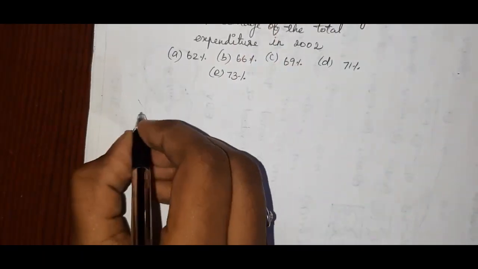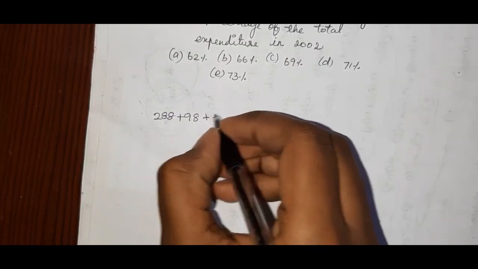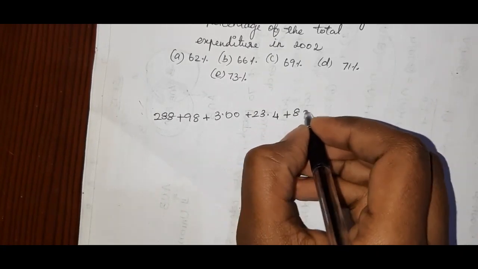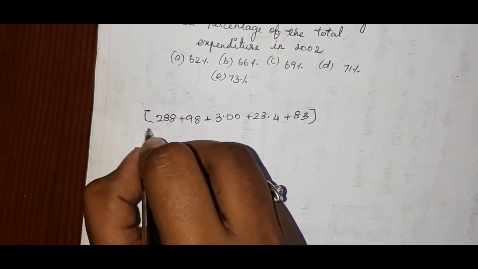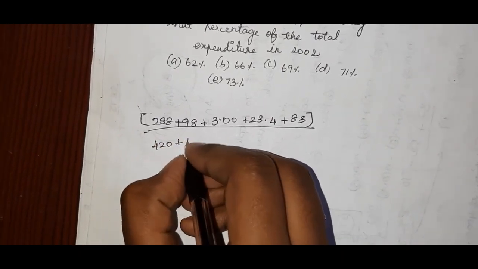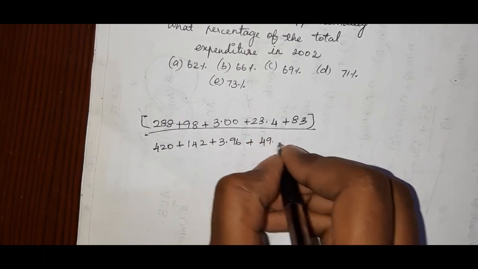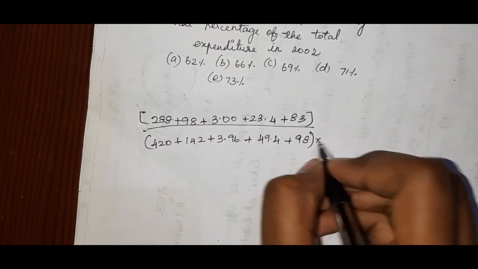So let's add these values. By adding this, we'll be getting 288 plus 98. This is the 1998 value, right? And we have to divide it by the 2002 value, like 420 plus 142 plus 3.96 plus 49.4 plus 98, and this value into 100.